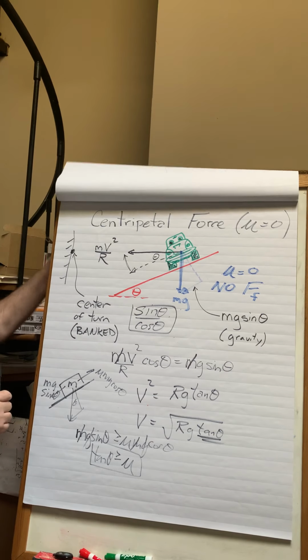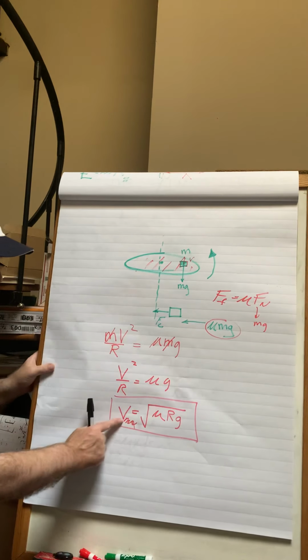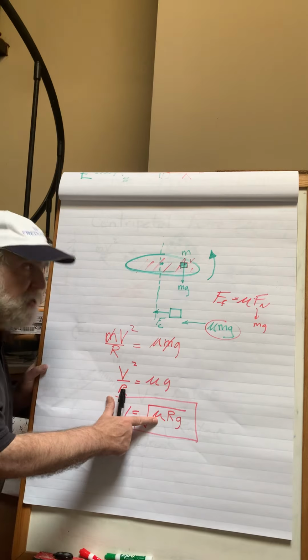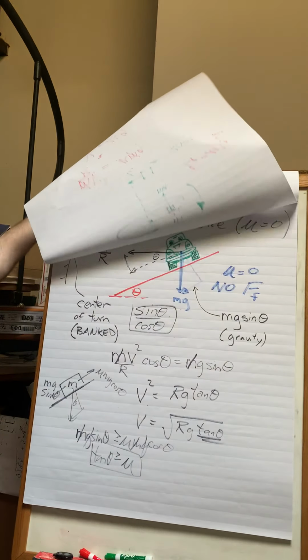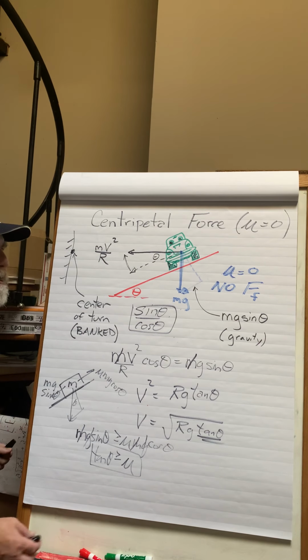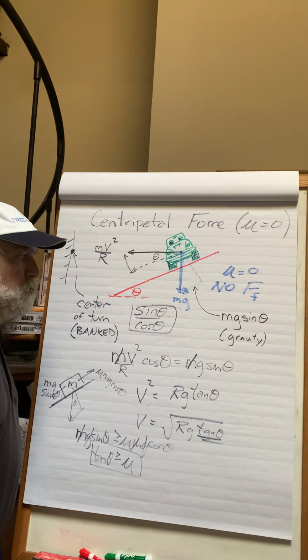In the level Lazy Susan case of spinning, we found that the velocity was the square root, again, of rg, but instead of tangent of theta on a flat surface, it was mu. So those two examples together can be combined to do the grand banked curve with friction, which we will do shortly.